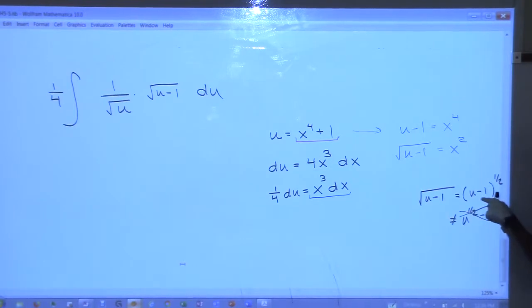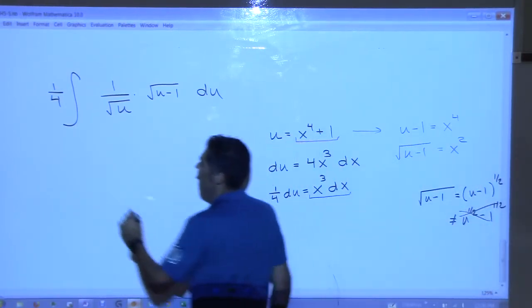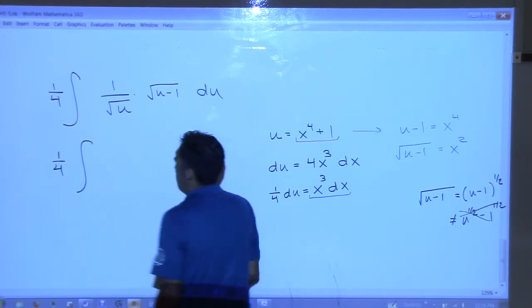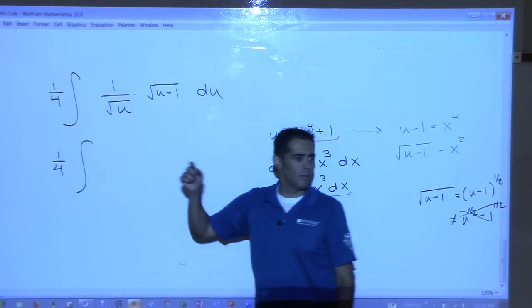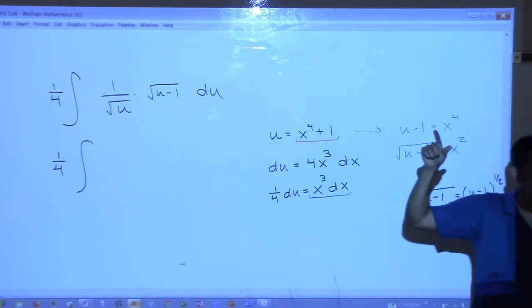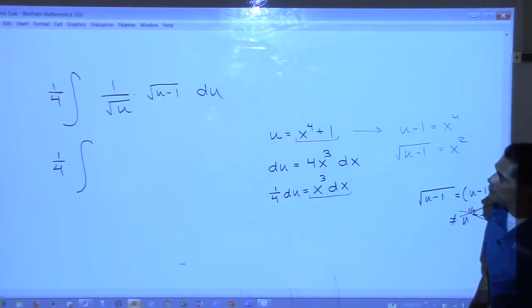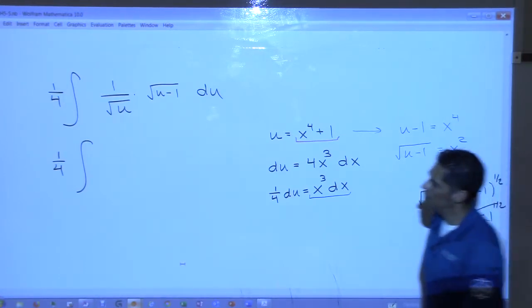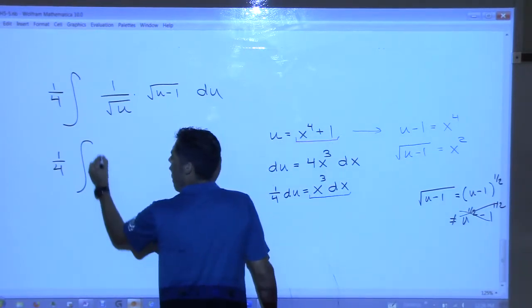We could do this though. What about the 1 over square root if you turn it to u to the negative 1/2 power? Okay, u to the negative 1/2 power. And then since that u to the minus 1 has the half power, maybe you can get rid of this too because you have a positive and a negative. Yeah, you could do that.